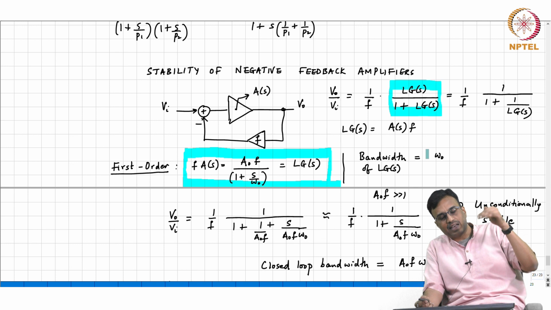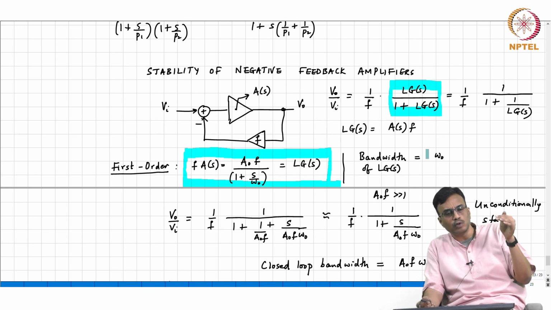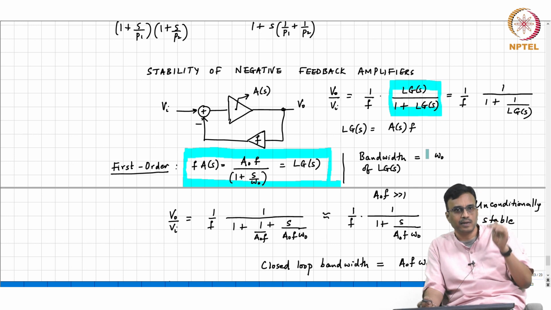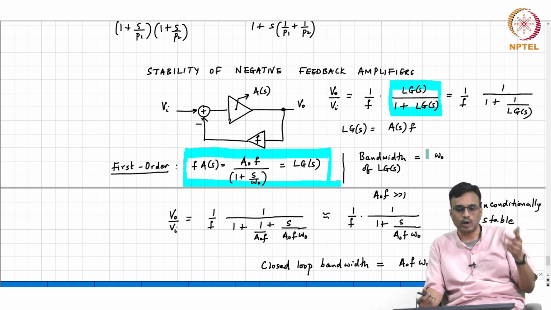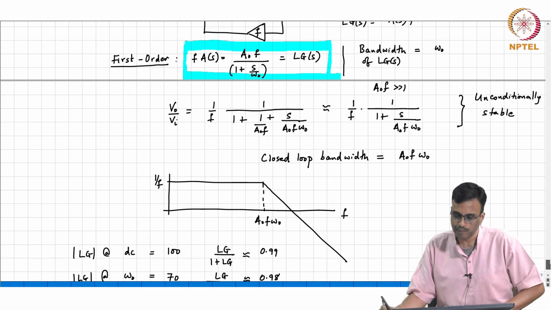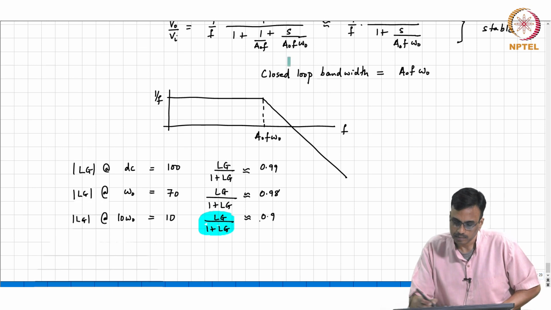So as long as the magnitude of the loop gain is sufficiently large compared to 1, the feedback loop is still effective. And at what frequency does the magnitude of the loop gain fall to 1?